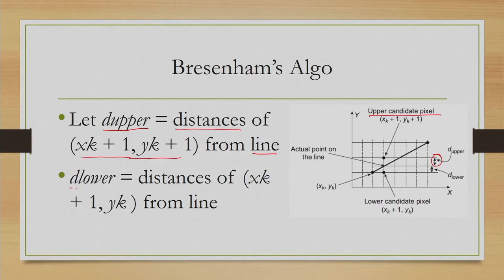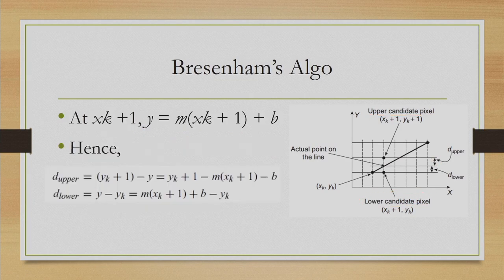Similarly, d lower indicates the distance of the lower candidate pixel from the line. Now, at x k plus 1, y is given by this expression using the line equation, where m is the slope.